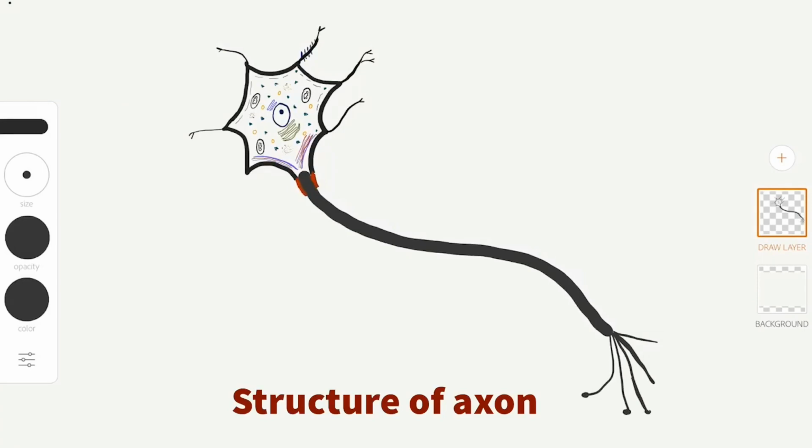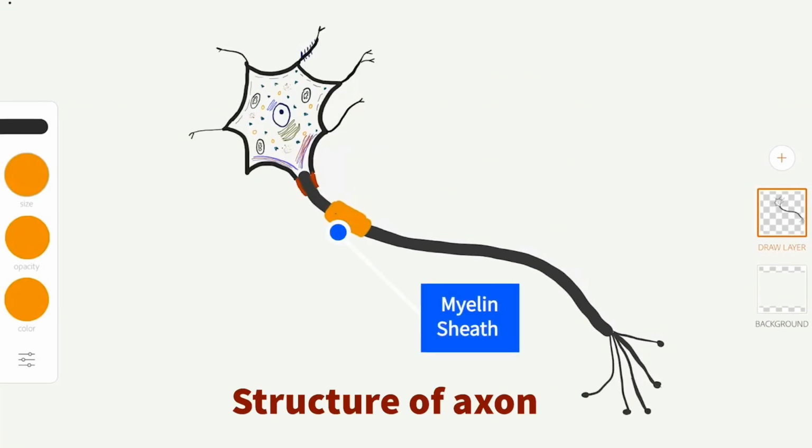These are referred to as terminal buttons or synaptic buttons. The axon will be covered by myelin sheath, which is formed by the oligodendrocytes in case of the central nervous system, or Schwann cells in case of the peripheral nervous system. So this is the myelin sheath which surrounds the axon.